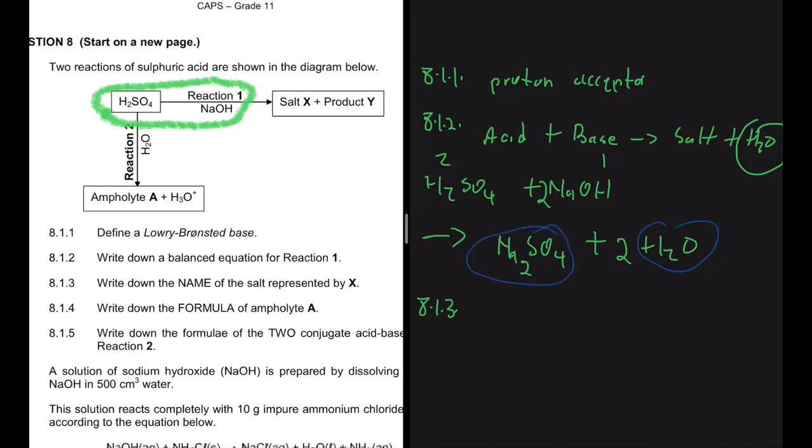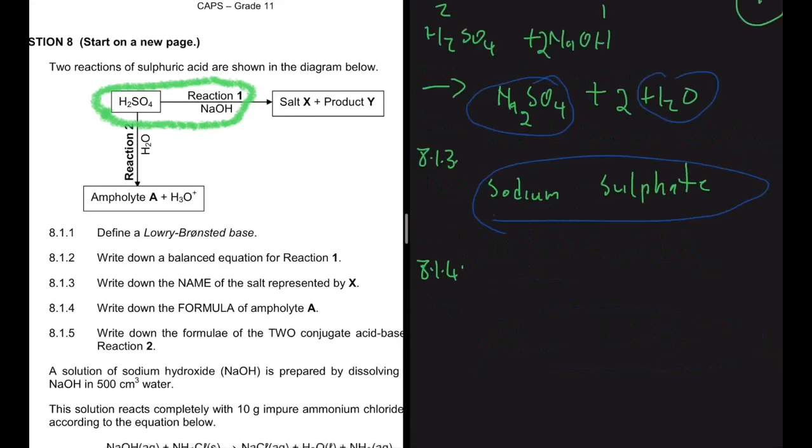We know that Na is sodium and SO4 is sulfate, right? And that is exactly the name of our compound. The name of our salt is sodium sulfate, right? But it's not all the time that you just take the names of the different elements and call it that.